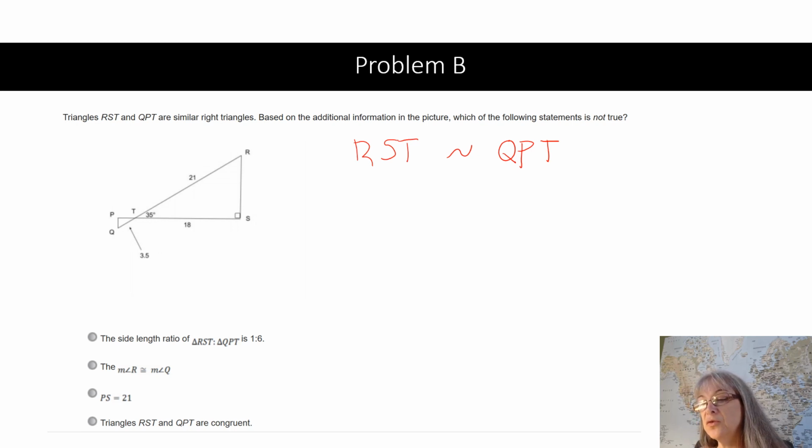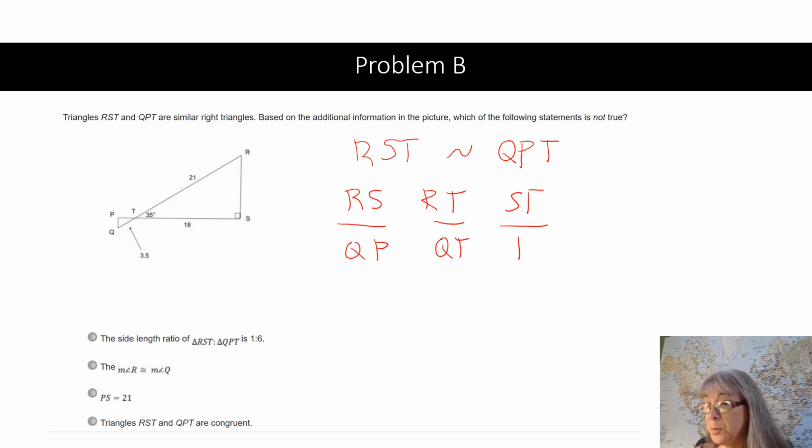All right, so what could we do? Well, we could solve for a whole bunch of things, right? We could set up our RS, RT, ST, and our QP, QT, and PT, right? And we can set up a whole bunch of things.